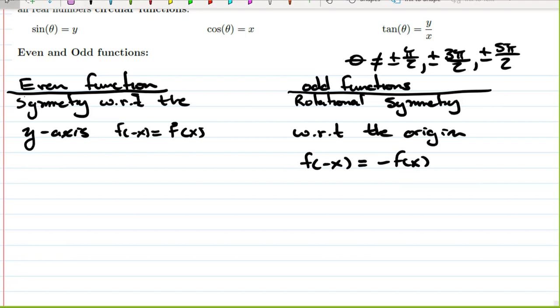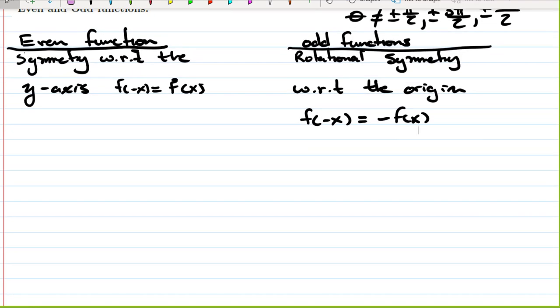So let's analyze each of our functions independently. If we were to take a look at the unit circle, let's draw the axis first.